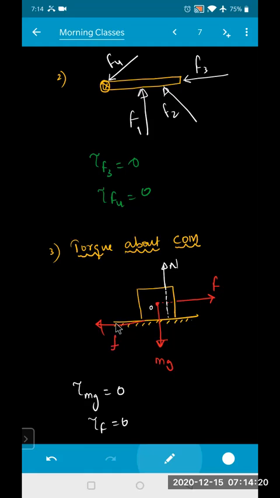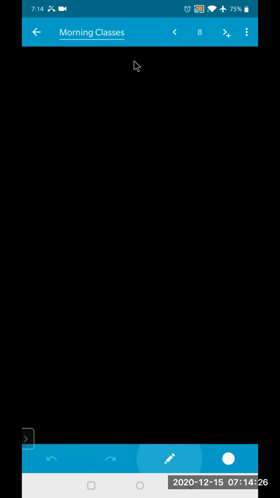So torque is nothing but what? R bar cross F bar. Now can you give me the direction? How do you give the direction? Right hand thumb rule, or the cross product.